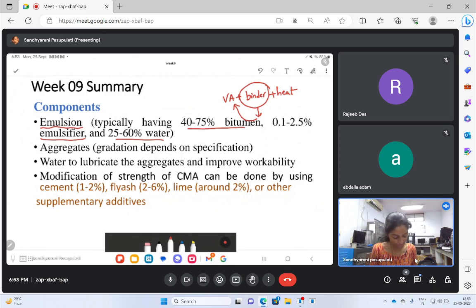In addition to this, let us say if I wanted to use lower temperatures further, then what do we do? We use this cold mix technology, where we take the emulsion as part of the cold mix, and then we take the aggregates. We know already in the emulsion there is a particular amount of water available.